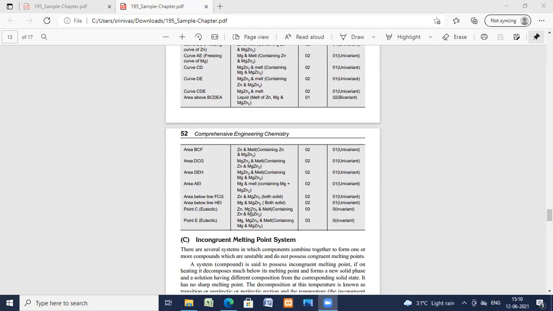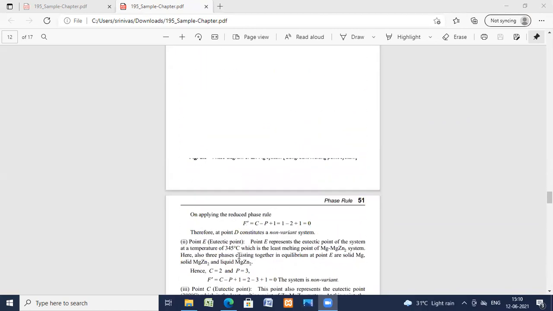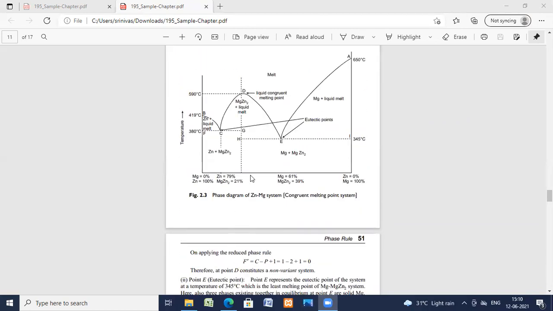Area below FCG. See here, F, C and G. Next we'll see this area: FCG area below and HEI area below.